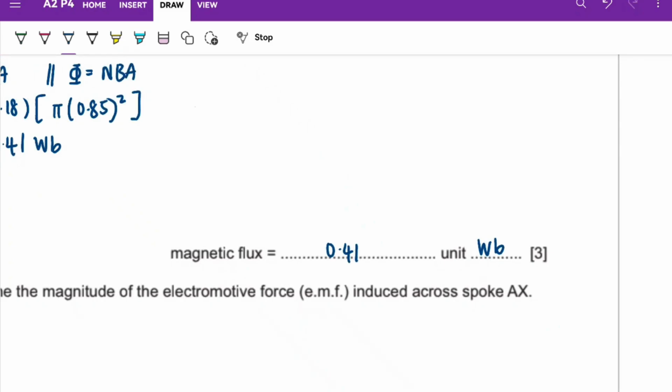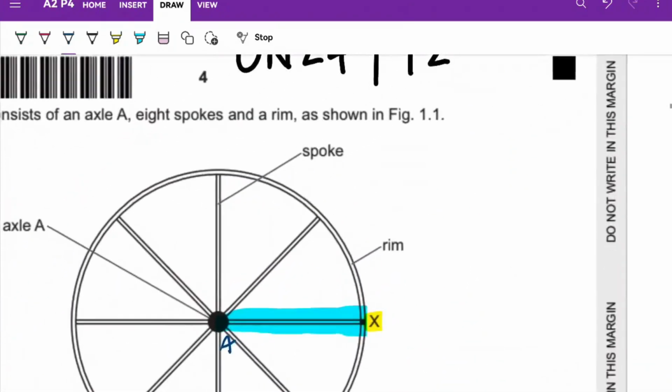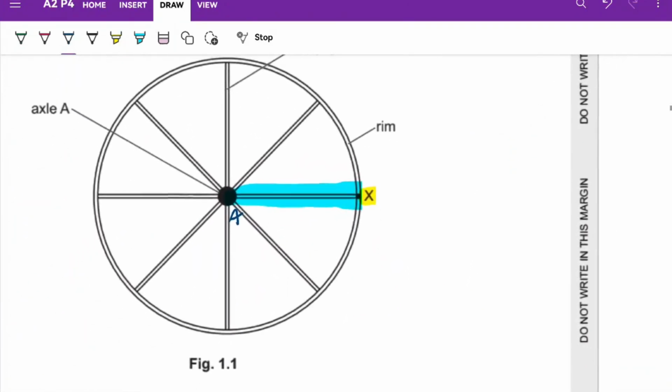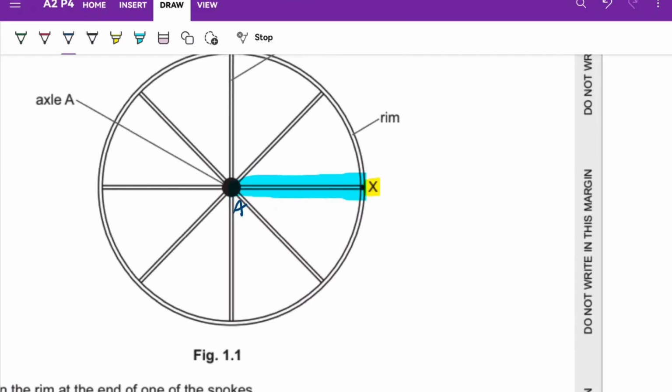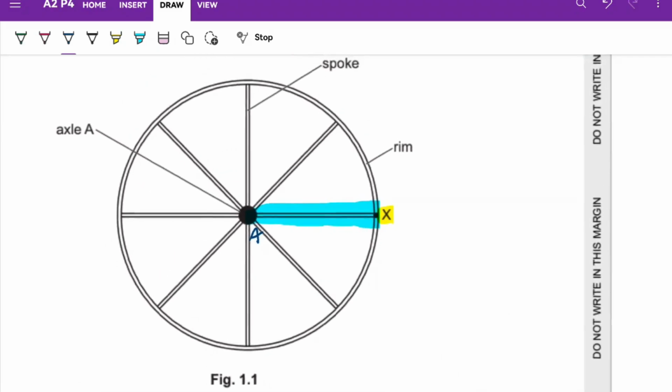0.41. Okay? Right. If let's say this was not a circle, and this was a square, then you take length times the height, the normal area formula. You follow the area based on the given picture.